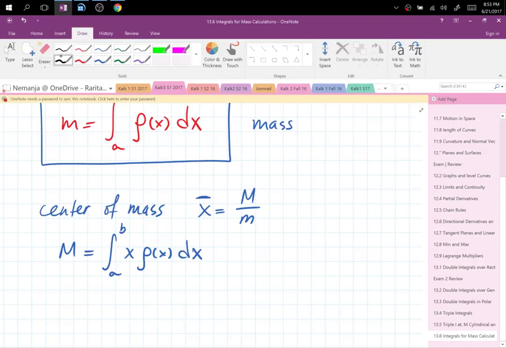So here is, let's say, problem number 12. Doesn't really matter. The density function is given as 2 plus cosine x, and we are looking from 0 to pi.